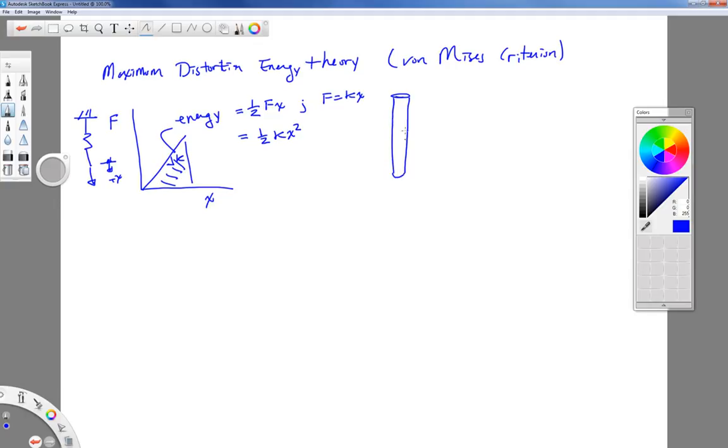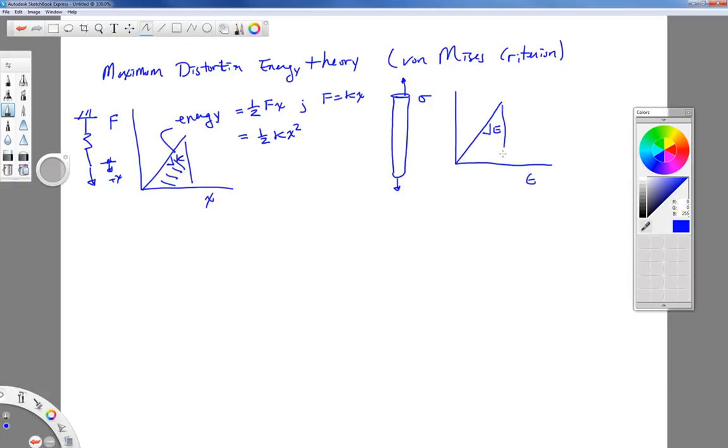When we have this material in a tension test, it behaves just like a spring. But we take a look at the stress-strain curve. And up until you get to the proportional limit, which is pretty close to the yield stress for a ductile material, you have a straight line relationship, and we call the symbol for the slope E, the modulus of elasticity.